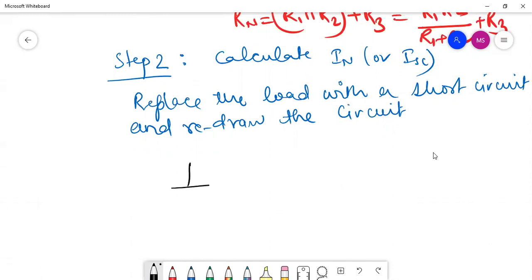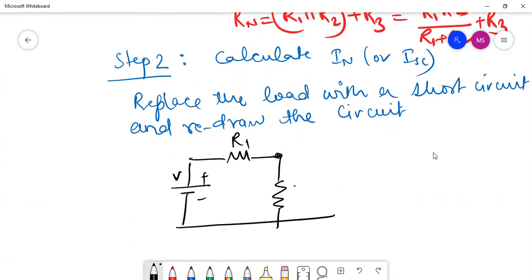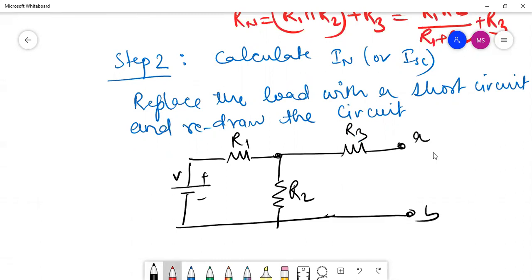So we have the voltage source V plus minus, we have resistance R1, we have resistance R2 here, then we have a resistance R3, and then we have these load terminals AB. Now what we have done is we have short circuited these load terminals. So whatever current then flows in this particular path is known as ISC or IN, right? So how will we calculate this ISC or IN?